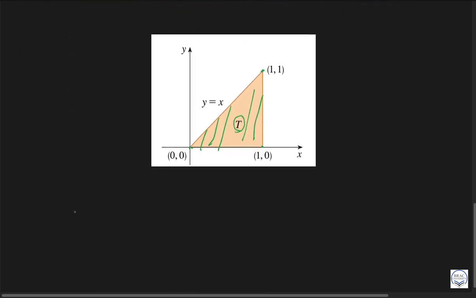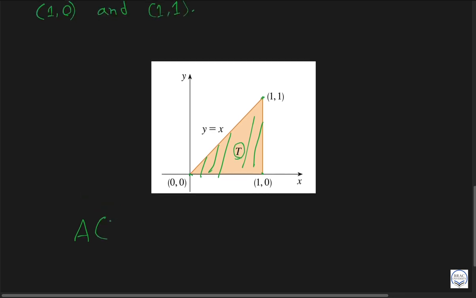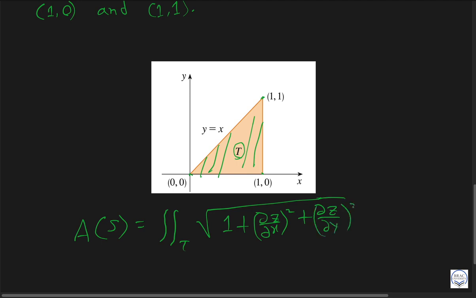So let's do that. If my surface is called S, the area of S is a double integral over the region T, the square root of 1 plus partial z by partial x squared plus partial z over partial y squared, times dA.